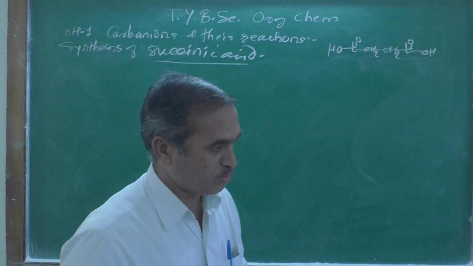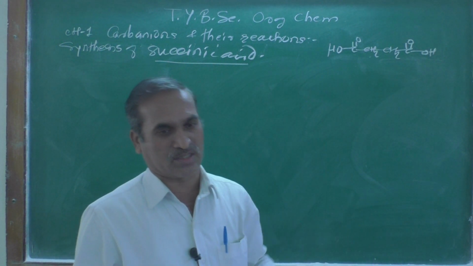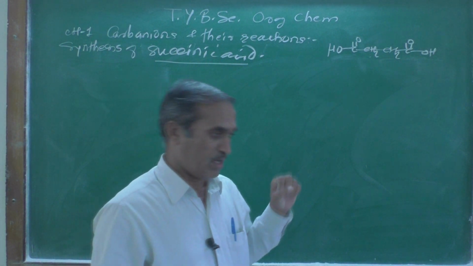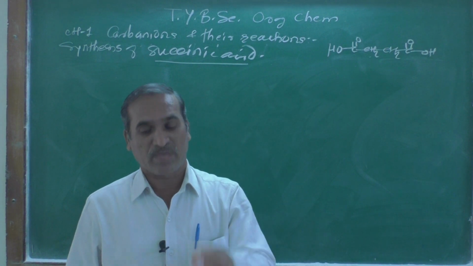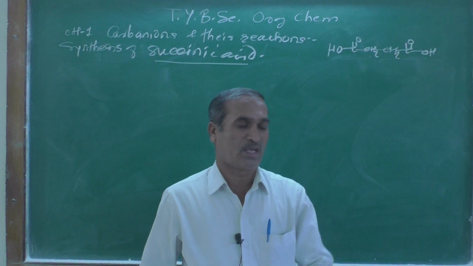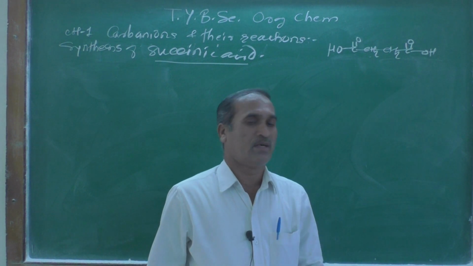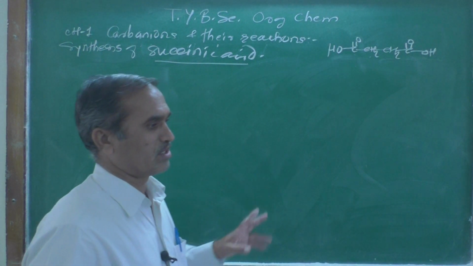You should not prepare it any other way, because there are different starting materials by which we can prepare this. But here, the aim of this chapter is that you prepare that particular product using malonic ester as the starting compound.